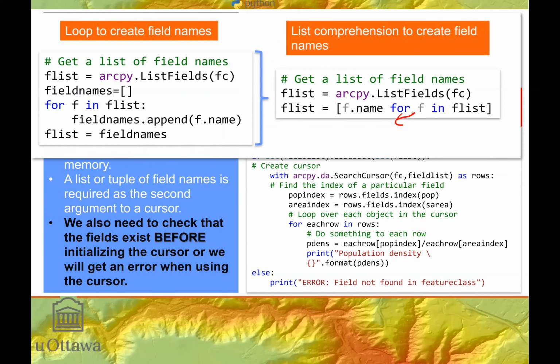So firstly, this is the way I just showed you. So I appended. We got our list of fields from ArcPy, which are objects. We created an empty list, and we said for each field object in the list of field objects, append to the field names here just the name of the field.